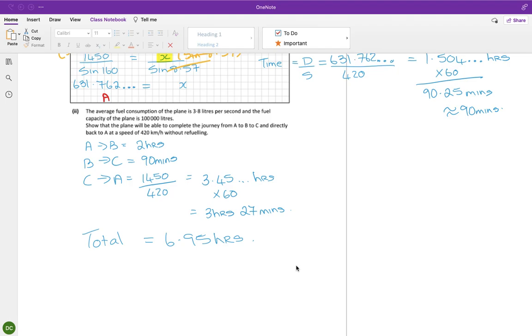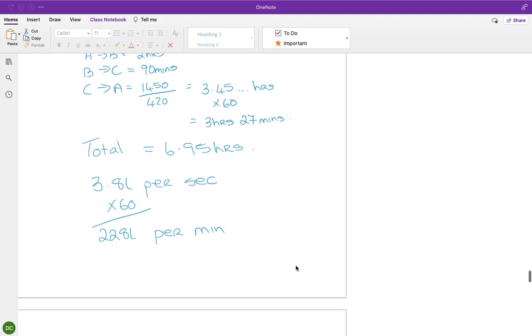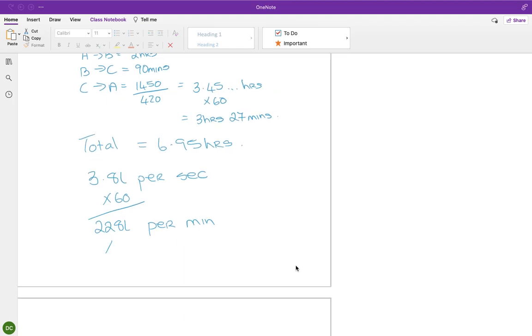And it does 3.8 litres per second. So that means multiply that by 60. So that is 228 litres per minute. And then by 60 is 13,680 litres per hour.